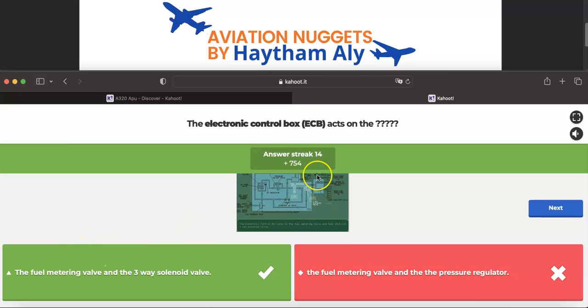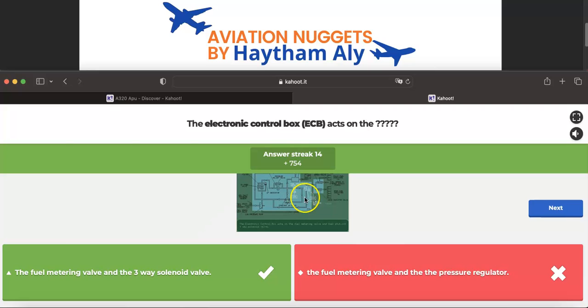If you ask yourself what function the fuel control unit has, it has APU start and shutdown function, combustion function, and muscle pressure fuel function, because some components on the APU need fuel as a muscle pressure. Here, for example, the inlet guide vane and the bleed valve are muscle pressure fuel operated. They need fuel as a muscle pressure.